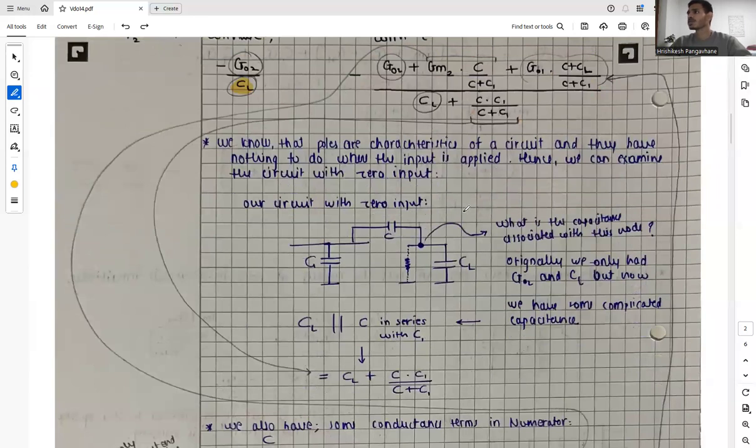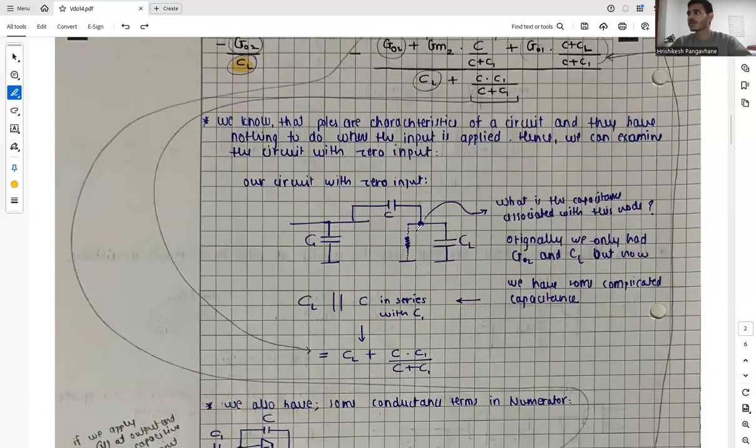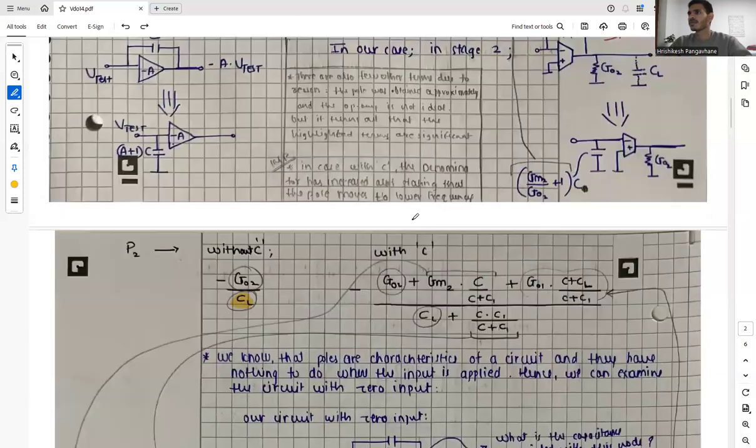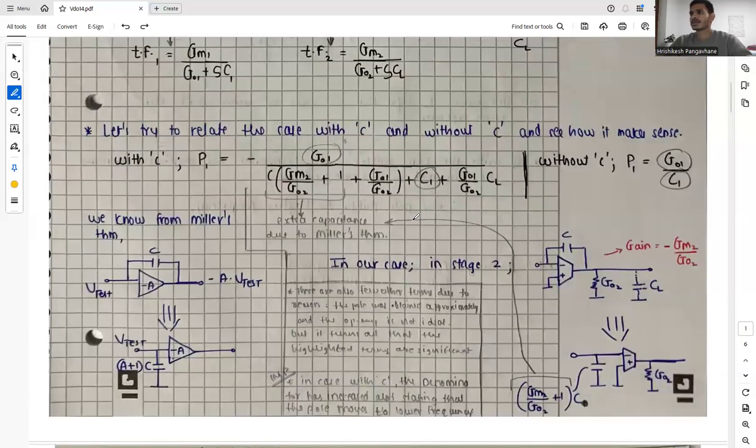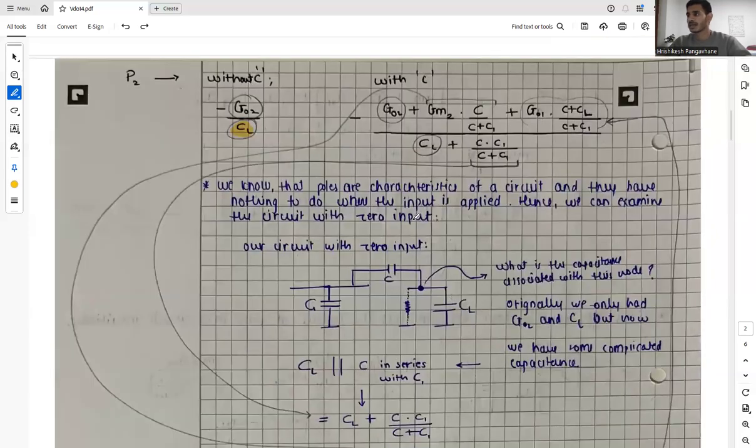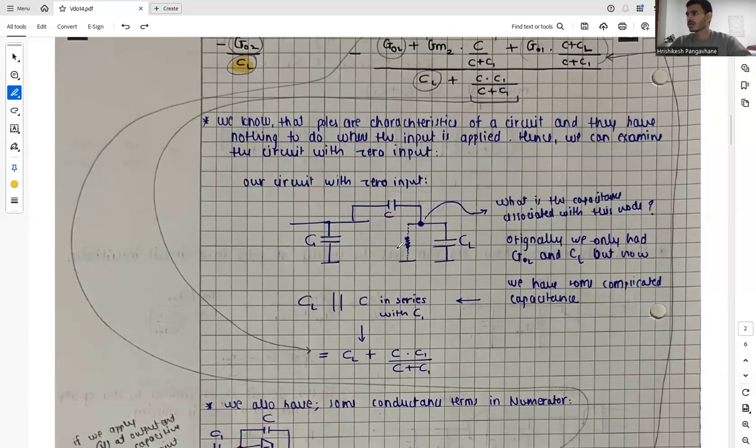We know that poles are the characteristics of a circuit, and they have nothing to do with where the input is applied. Hence we can examine the circuit with zero input, and our circuit with zero input will look like this, where our first stage is basically of no use as there is no input, and our second stage will also look like this.